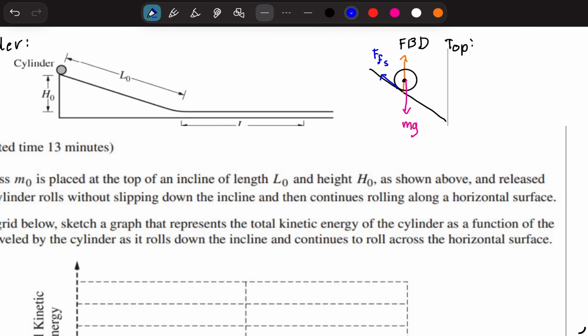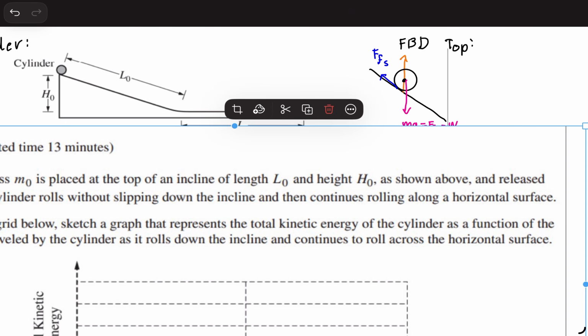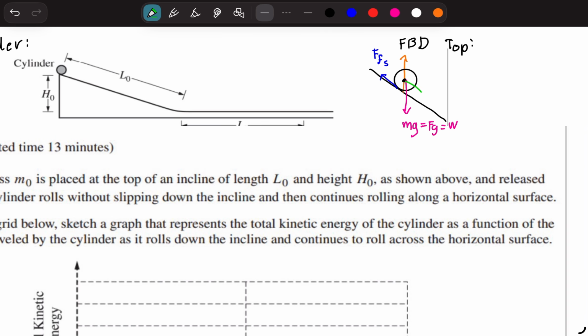So then let's resolve some of the forces that are along the incline. Now on the incline, the component of gravity at mg is equal to Fg, and it's also equal to the weight. So our component of gravity that is going to be parallel to the incline is basically this thing.